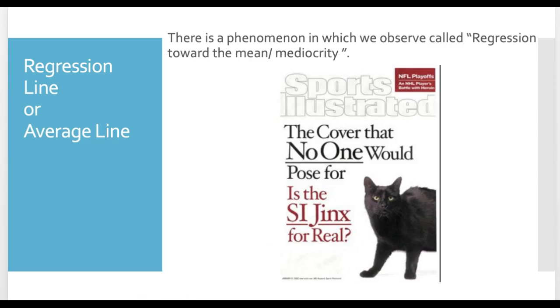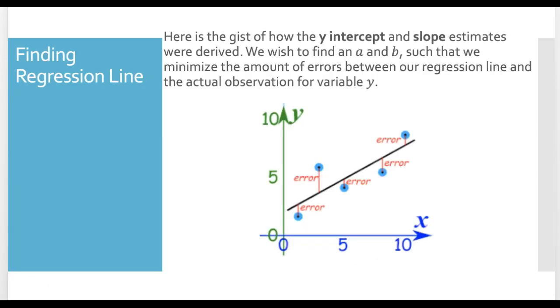Alright, before we move on to further explain this regression model, let me show you in StatCrunch how we have StatCrunch find the coefficients of this line. Really quick, I'll give you the gist of how we select the y-intercept and slope.